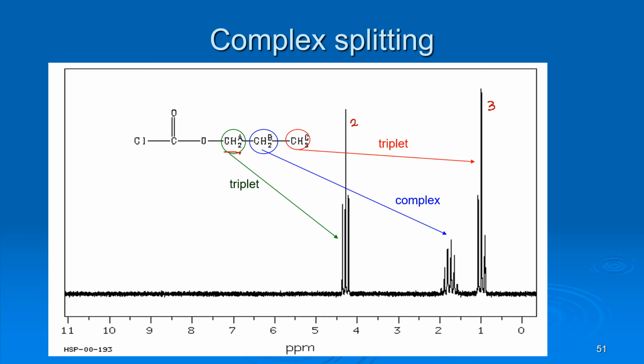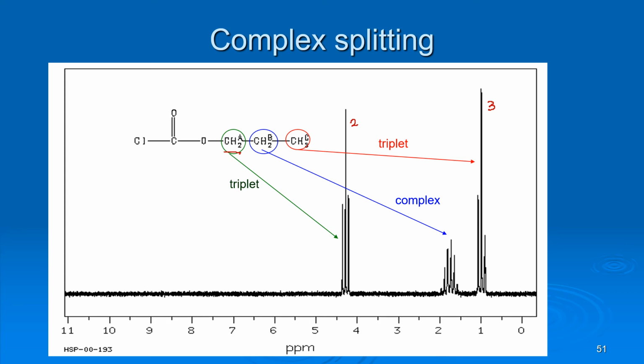Now this one, in a way, you might say, well, it's got 3 plus 2, it's got 5 neighbors, so it should be a sextuplet. It should have 6. But the problem is, because there's different coupling here, the green ones are not equivalent to the red ones, so it's not going to split perfectly. So you could say 1, 2, 3, 4, maybe there's 6, but it's hard to tell. But anyway, it is complex, and that makes sense because you've got these 2 split by these 5.